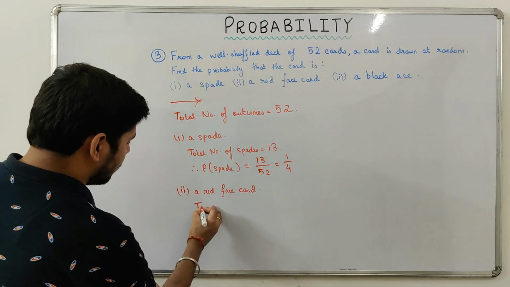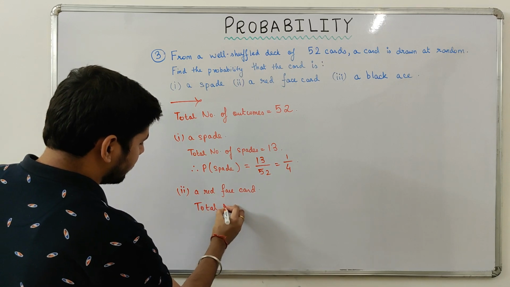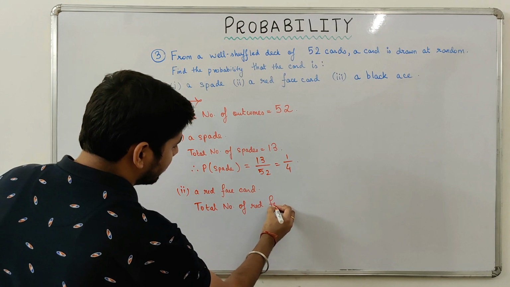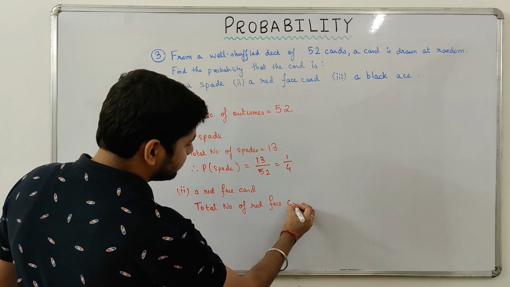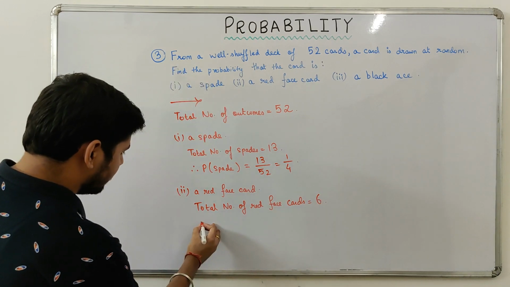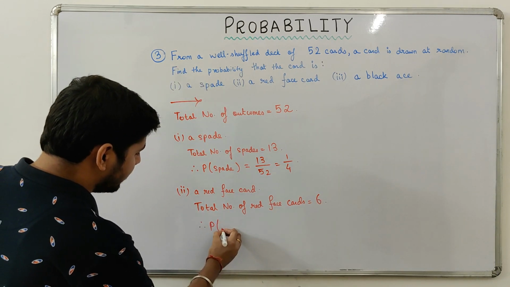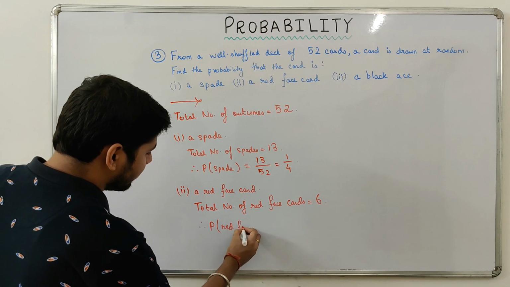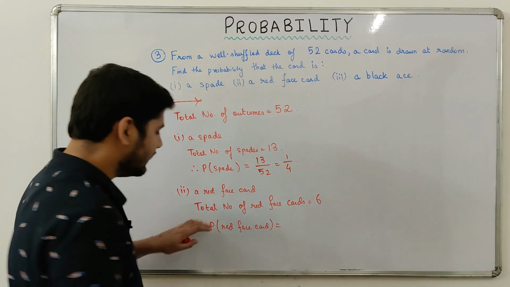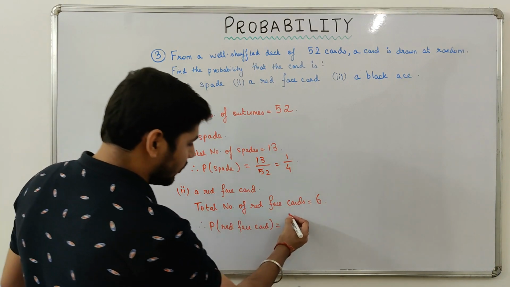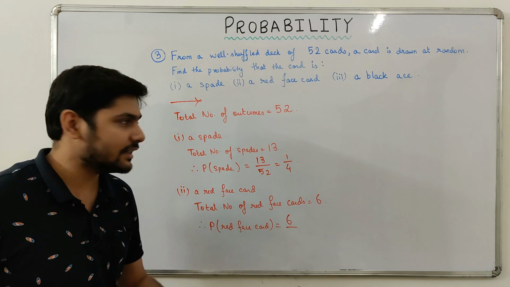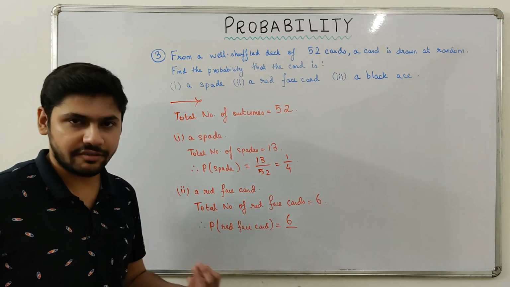So total number of red face cards is equal to 6. Therefore, probability of getting a red face card is equal to the total number of red face cards, 6, divided by the total number of cards that are present, that is the total number of outcomes, 52.